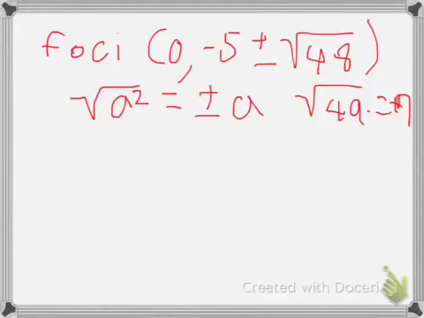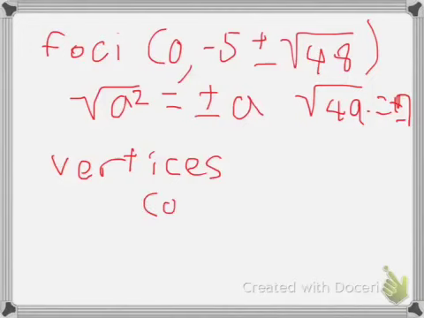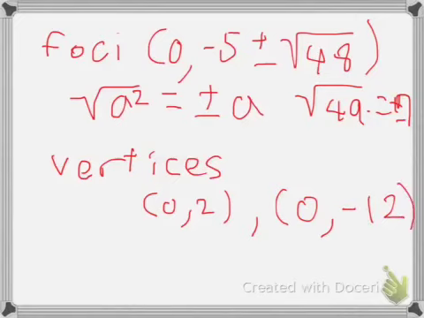To find the vertices, now that you know a, you have to know that this is an ellipse that goes up and down. So that means you have to add and subtract 7 to the y value of the center. So the vertices are 0, 2, and 0, negative 12. Sorry.